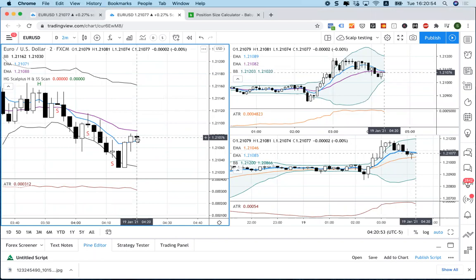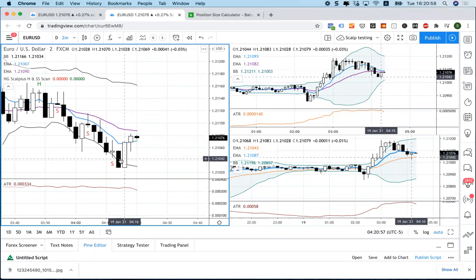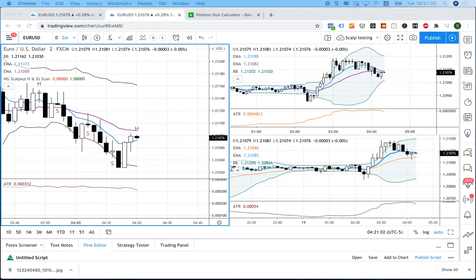All righty. It would be an entry of 8.5 and a stop loss of 2.5, which would be 6 for 12.